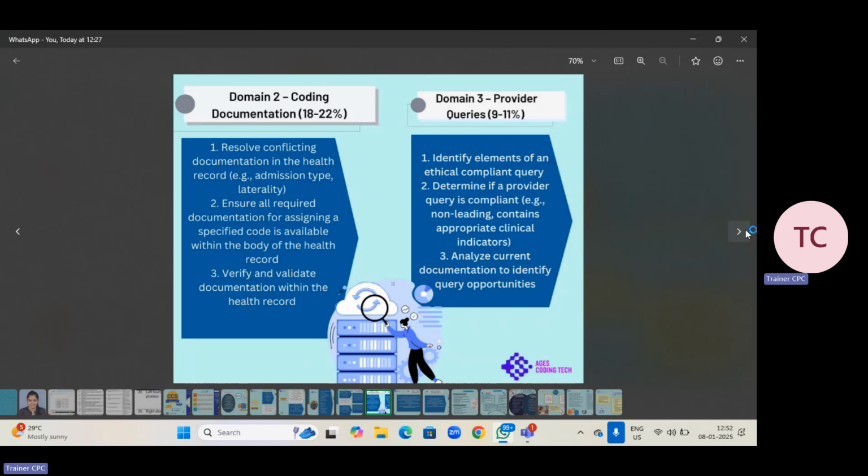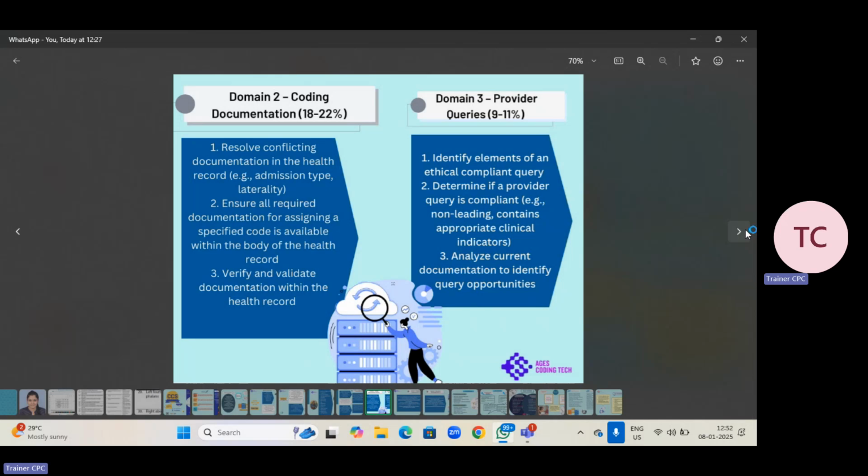Small scenarios they'll provide, but the question and the answers will be conflicting. For example, in the first statement they'll be giving laterality as right side, and in the last statement they will be giving it as left side. So we need to identify where the problem is.